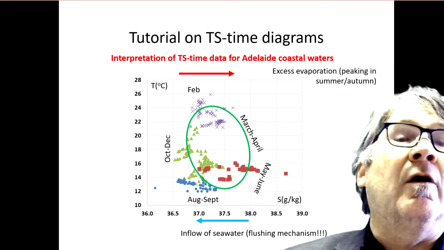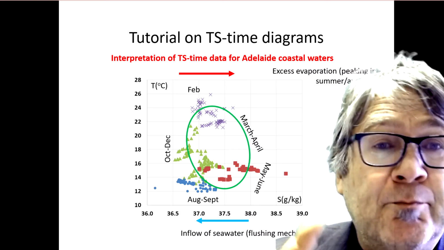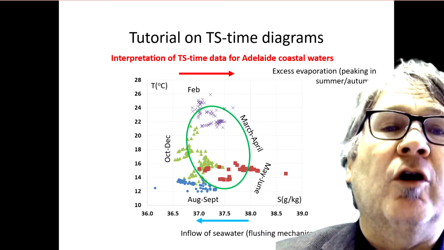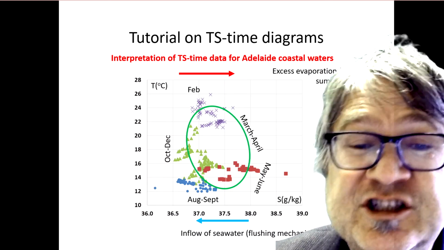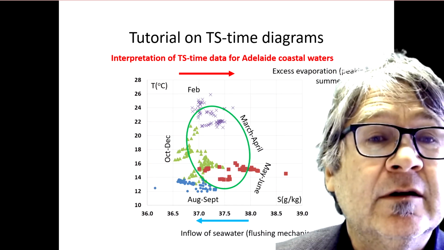So if you ever work on ecological marine biology problems, species that are salinity tolerant or tolerant to temperature changes or variations, this is what you should have a look at.